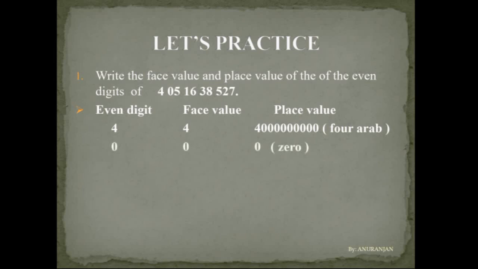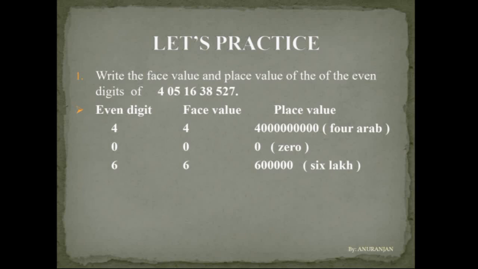Then we have 6. So face value of 6 will be 6. 6 is in which place? In lakhs place. So the place value of 6 will be 6 lakh. Then we have 8. So 8 is the even digit. What is the face value of 8? 8 itself. 8 is in which place?